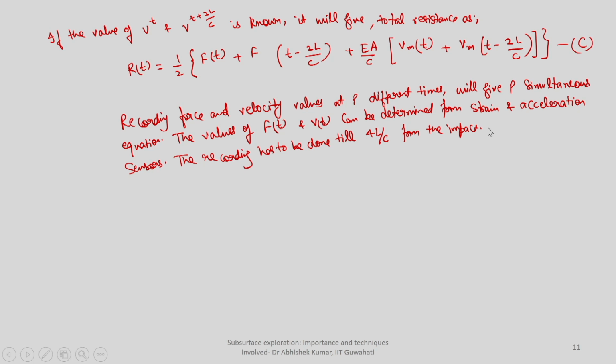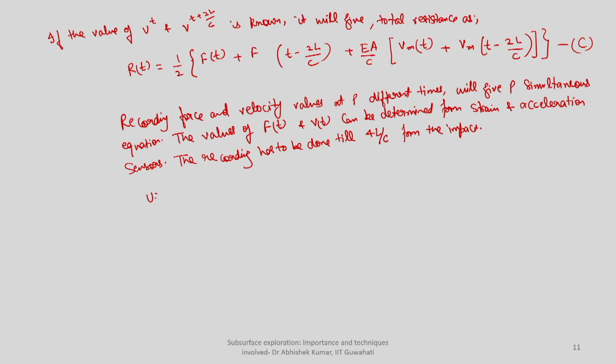Based on this, for known values of F t, V t up to 4L by C, use equation C and you will be able to determine the value of R t, using equation C for known values of F t again in general and V t in general.